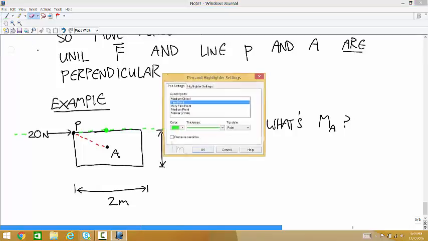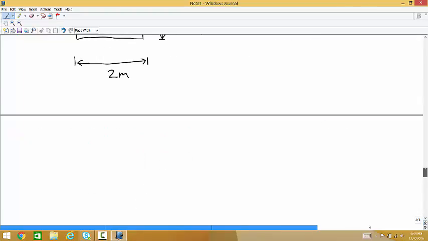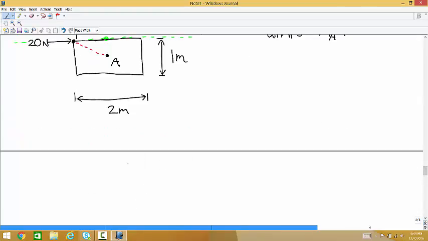let me draw it again. So now we've changed the problem to be this. A is here. P is here now. The line between A and P is this, and it is perpendicular to the force.